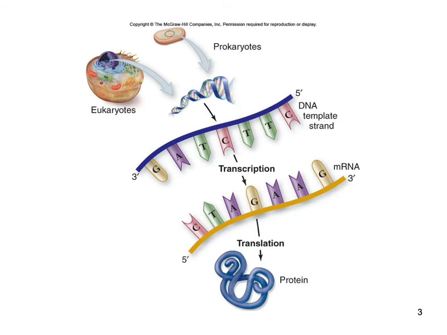This slide graphically represents this process. It's showing you here that both prokaryotes and eukaryotes have a DNA double helix that looks very similar in both species. The order of nucleotides, of course, is different, but the structure is the same.